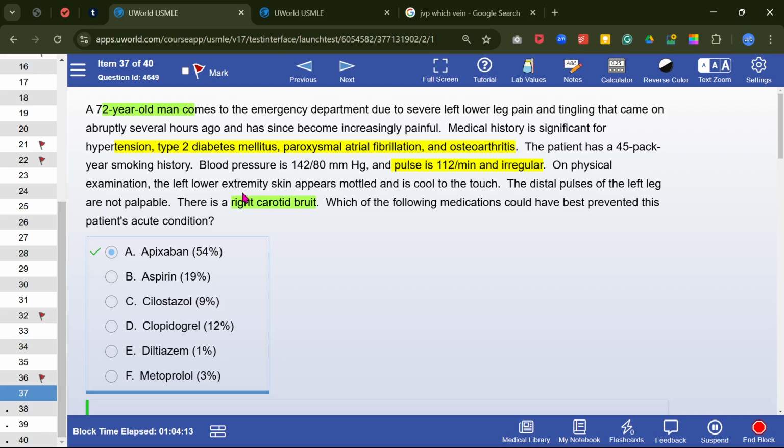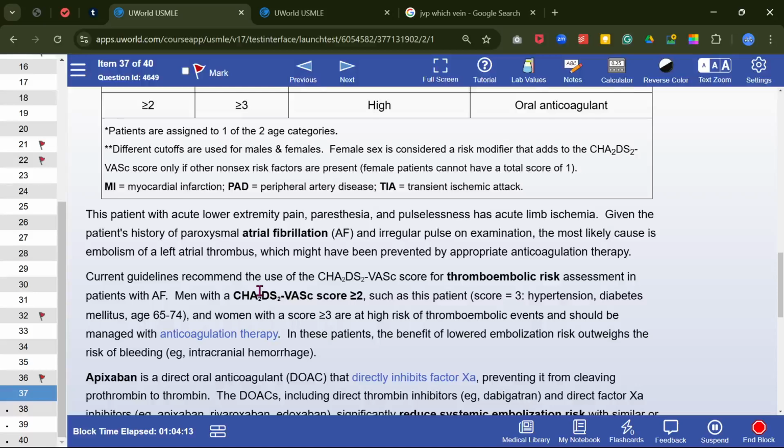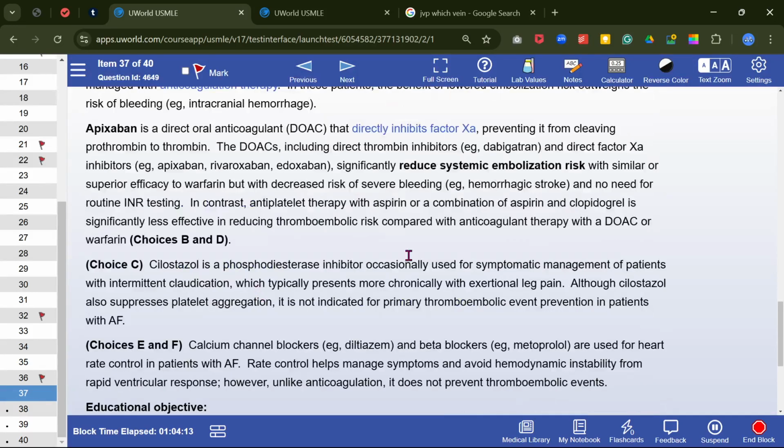And in peripheral vascular disease, you can give cilostazol too. Cilostazol works in the claudication. So if we think from that perspective, then you can give multiple things.